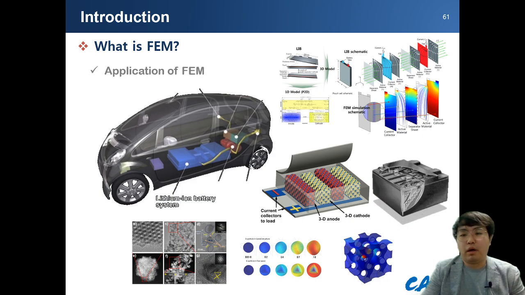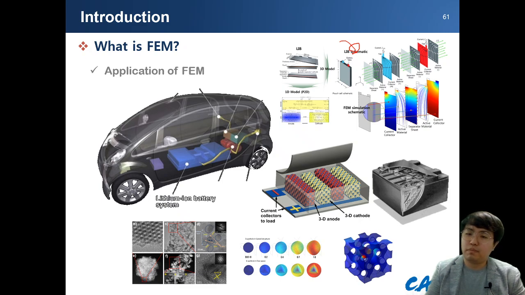My main research focuses on battery design, actually material design and battery design itself. These days I also use the FEM method in my research. I use it to design materials and to characterize and analyze the deformation of high energy materials. I also check the electrochemical behavior of the battery system by mimicking the real battery geometry.